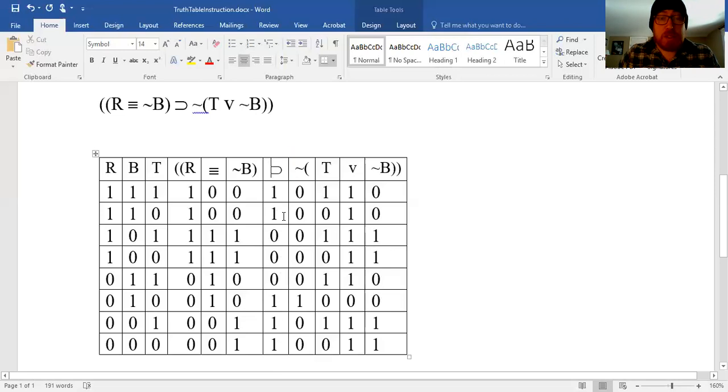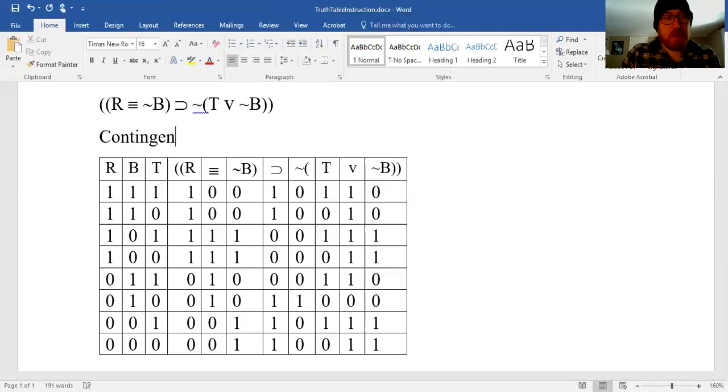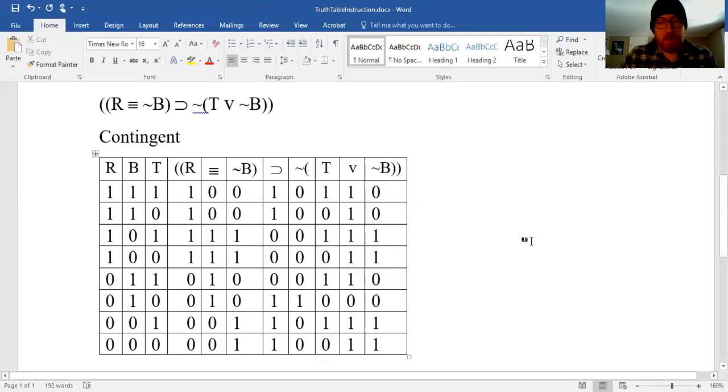So there's at least one line where the statement is true and at least one line where the statement is false. Once again, this means that this is a contingent proposition. The reason why highlighting can help is just so you know what you're looking at. You know that this column right here under the horseshoe indicates what the actual truth value of this entire proposition is.